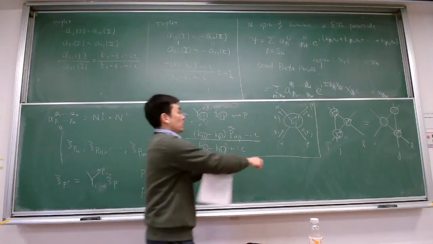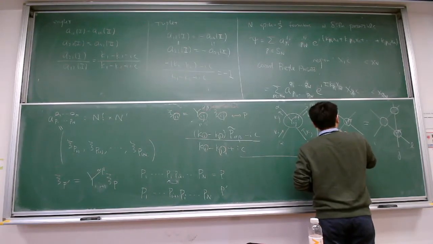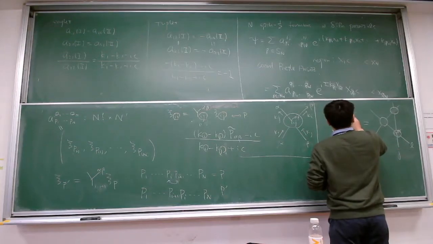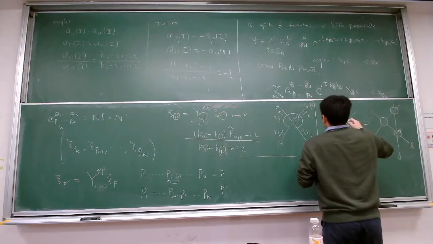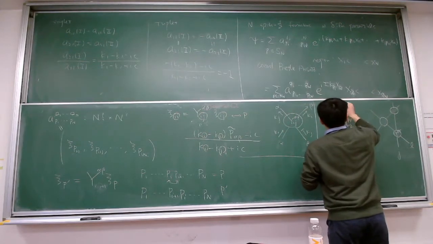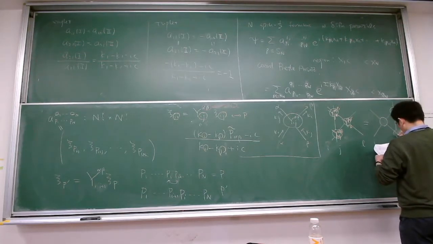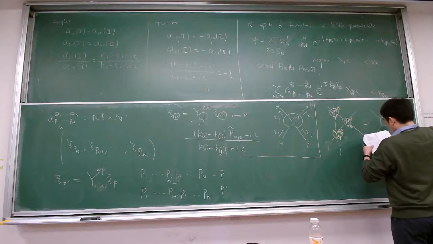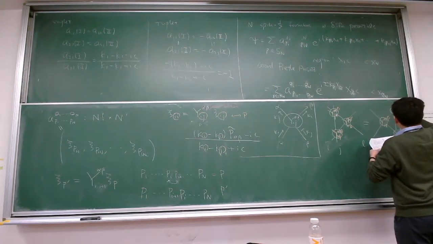That makes it easier to read for you guys. Y_ij^{αβ}, Y^{βγ}_{IL}, and then here Y_JL^{αβ}, JL, and here is also Y^{βγ}_{IJ}, JL, and then here Y_IL^{αβ}, Y_IJ^{βγ}.